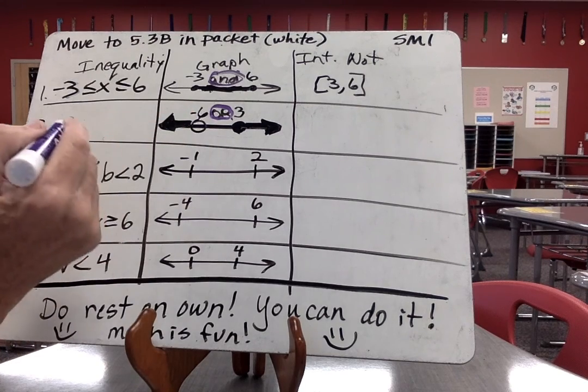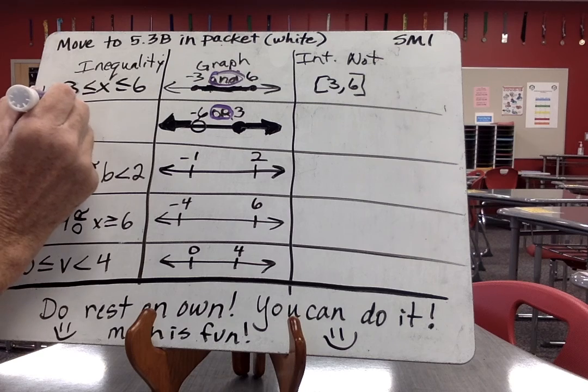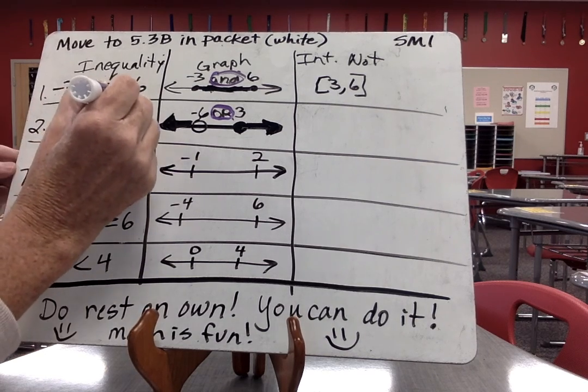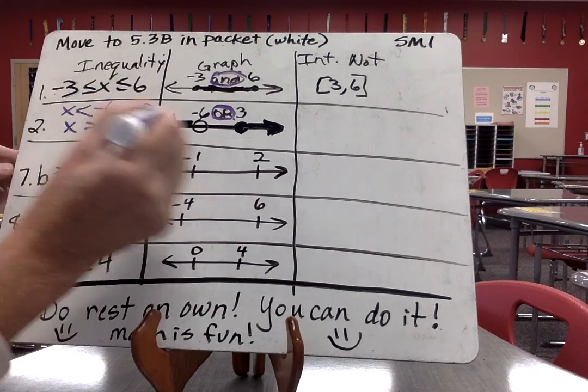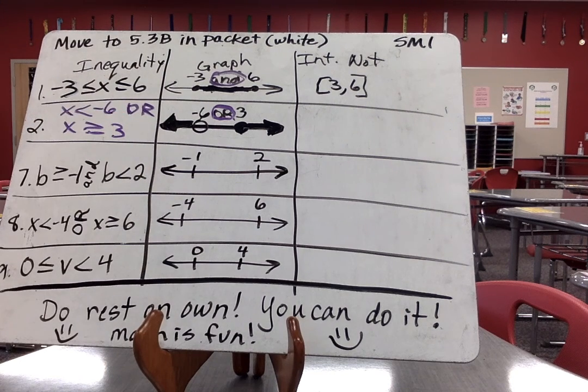But for the ors we're going to take two, because this one goes from x is less than -6, or x is greater than, but it's a closed dot, or equal to 3. And that's our solution on number 2.